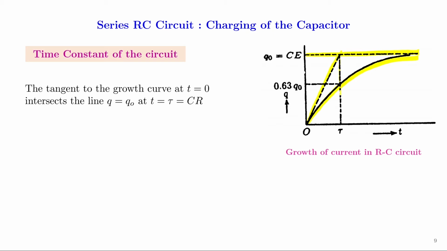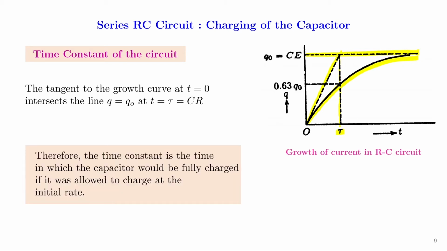When we drop the line downwards, what we get is tau, which is equal to CR. Therefore, we can have an alternate definition for the time constant as the time in which the capacitor would be fully charged if it was allowed to charge at the initial rate.